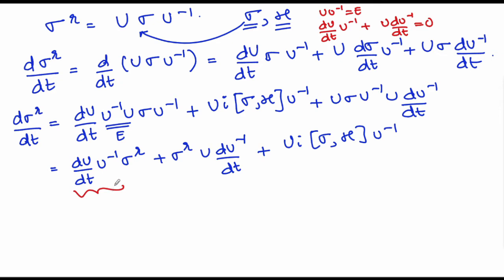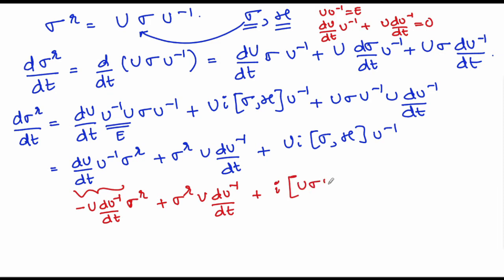So this can be written as minus U dU inverse by dt sigma R plus sigma R U dU inverse by dt plus, I'm going to take the U inside, so therefore you're going to get the commutator of sigma R, U Hamiltonian U inverse.